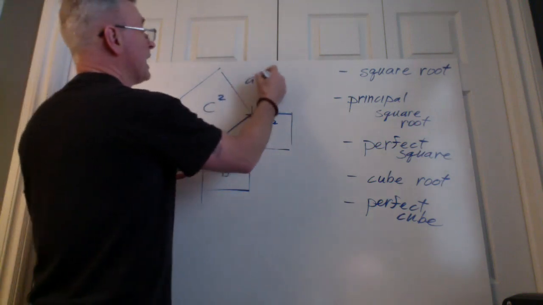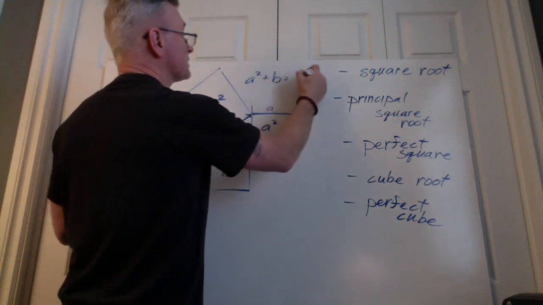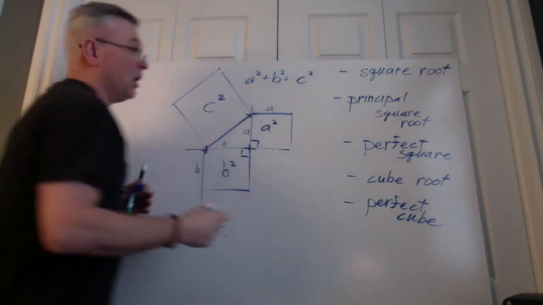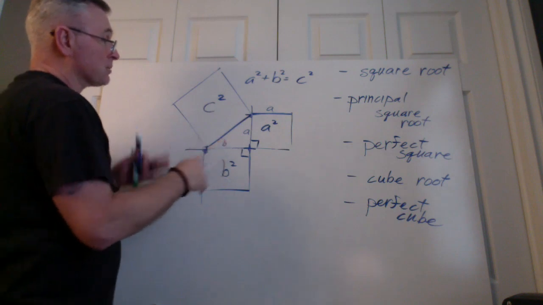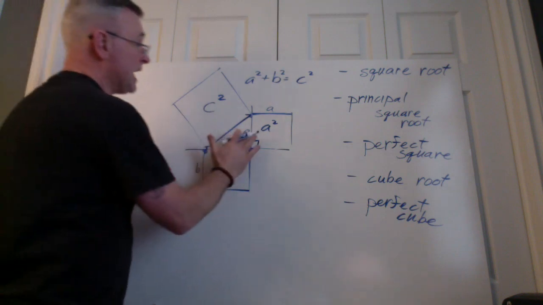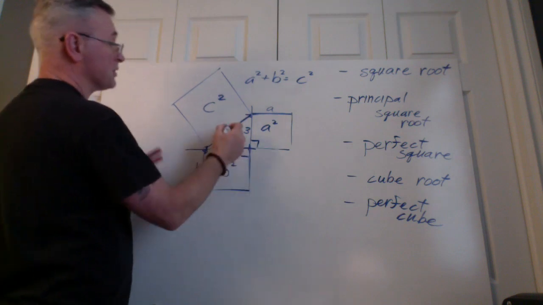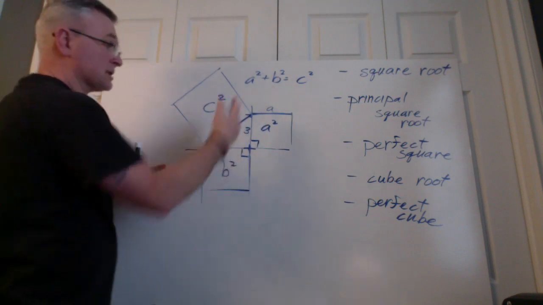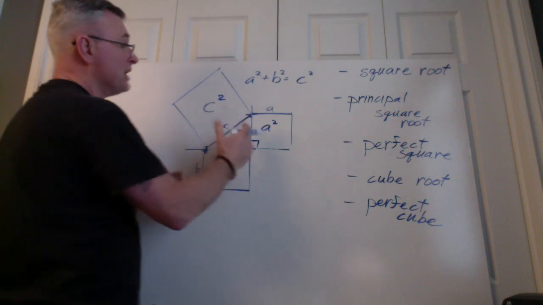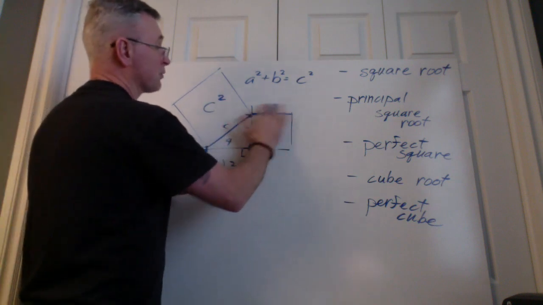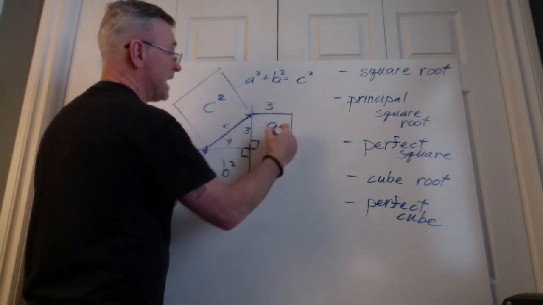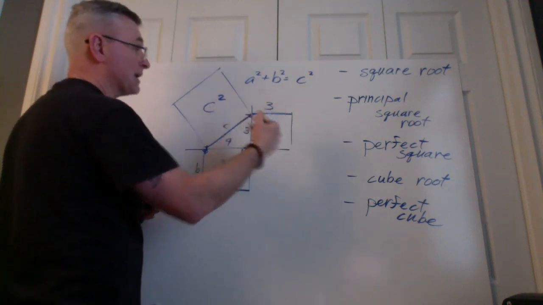And then if we have A squared plus B squared equals C squared, what we want to be able to do is, if these were numbers instead, if this was 3 and this was 4, and we wanted to know how far C was, this ends up being 3 times 3, which is 9, because 3 squared is 9.